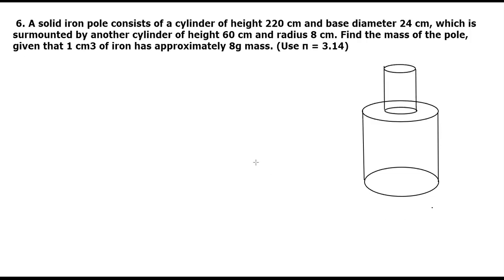Okay, so these are the two given cylinders. The radius of this big one is given, and its height is given as 220 centimeters. We will first draw the diagram.